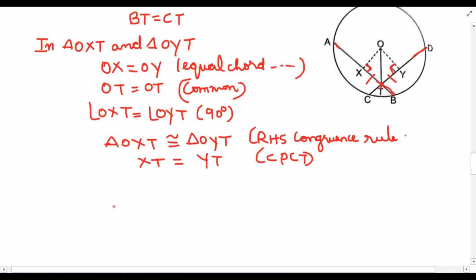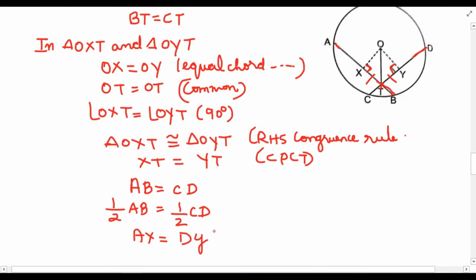But we know that AB and CD are equal chords of the circle, so half of AB and half of CD are also equal. Half of AB is nothing but AX and half of CD is nothing but DY.